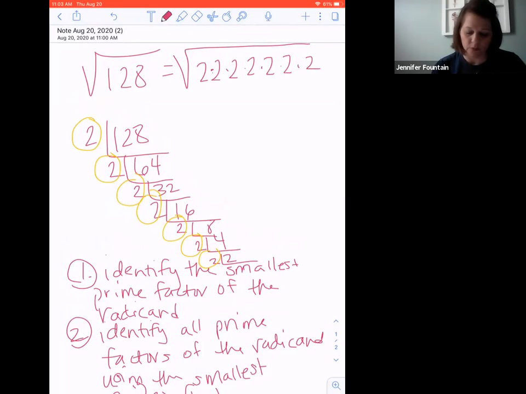Again, I can check and make sure I didn't list too many or I listed enough. 2 times 2 is 4. 4 times 2 is 8. 8 times 2 is 16. 16 times 2 is 32. 32 times 2 is 64. And 64 times 2 is 128. So I know I have enough 2's listed.